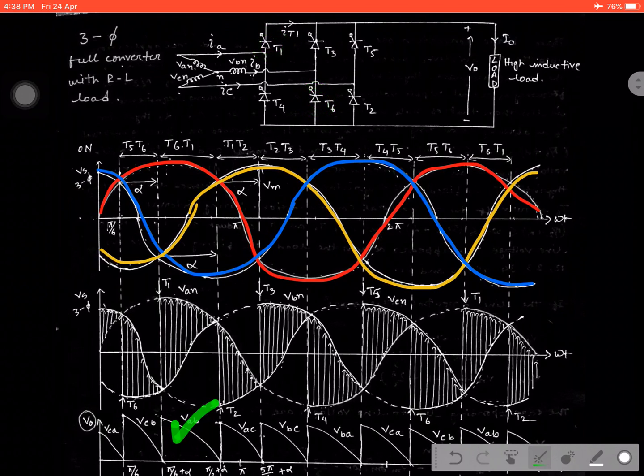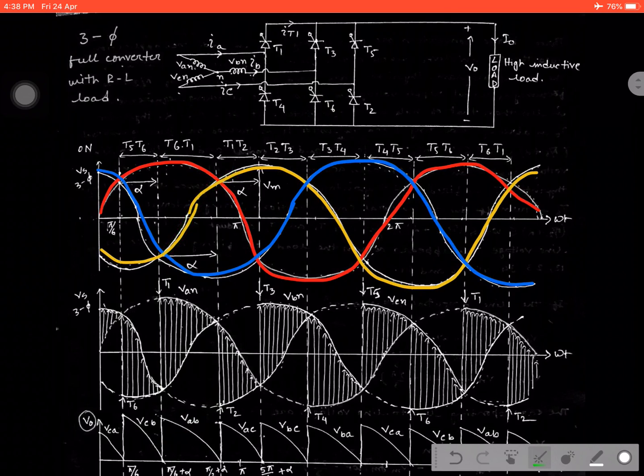After crossing this point, what happened? See the waveform. Then the voltage VAC, VCN gradually increases in the reverse direction, and the voltage VBN gradually increases in the forward direction.